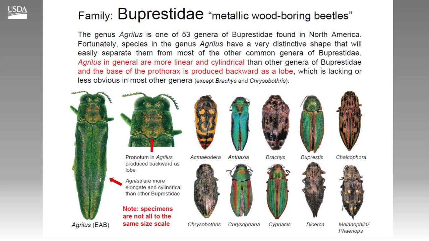I don't know if you can see my cursor, but up on the upper right here, you've got the golden buprestid, and then on the very far right, that's the sculpted pine borer, which has a really interesting appearance. Those are fun. They're actually attracted to wildfires, so you may see them if you're near a forest fire.